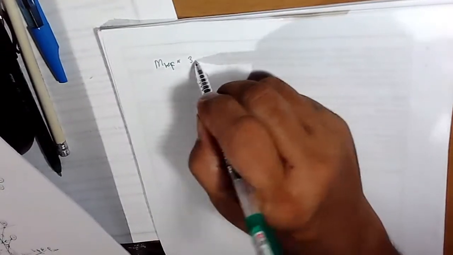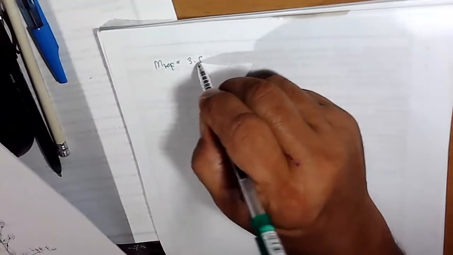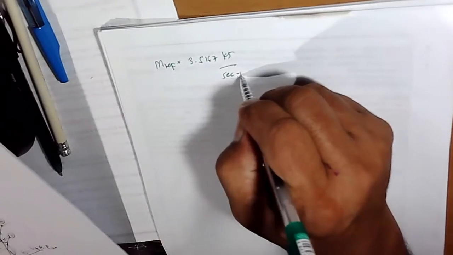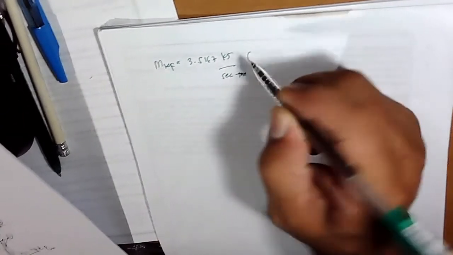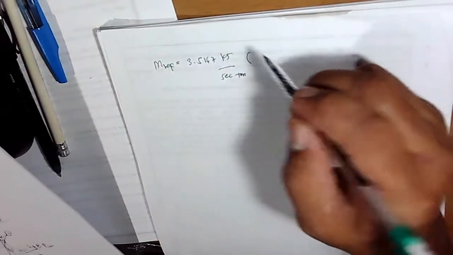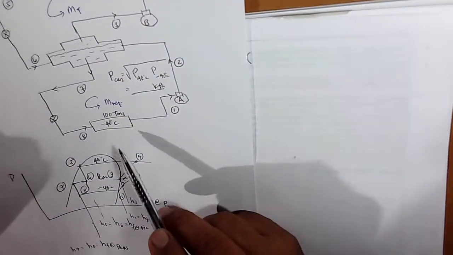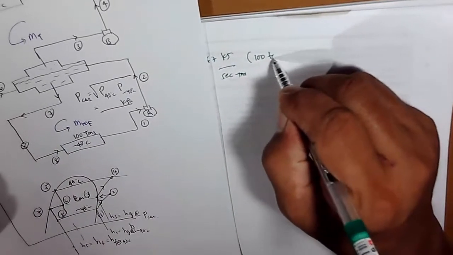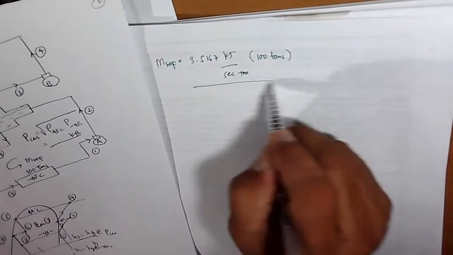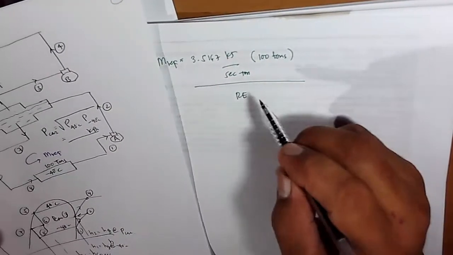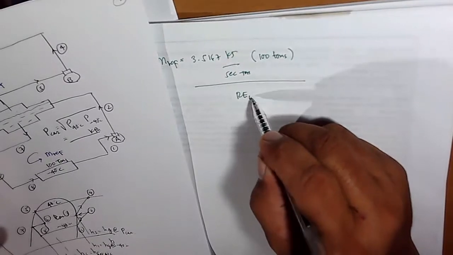you can compute that by the usual computation of 3.5167 kilojoules per second-ton, multiply that by the RE, or the tons, the given tons, which is 100 tons, over RE, the refrigerating effect coming from the low pressure loop.